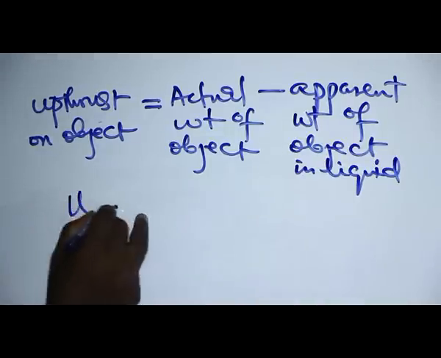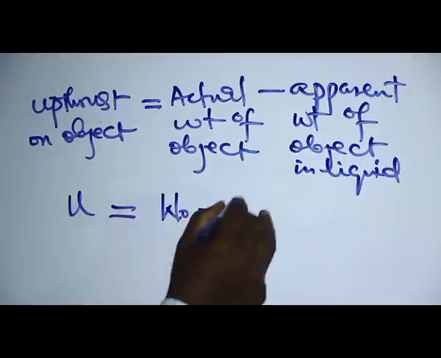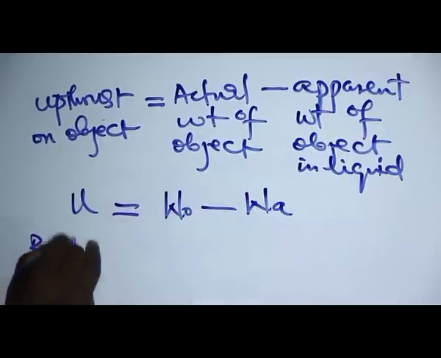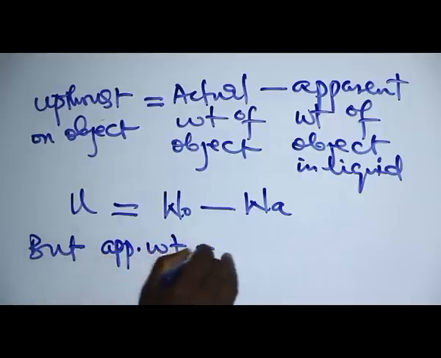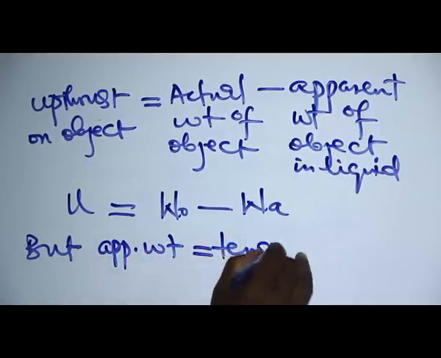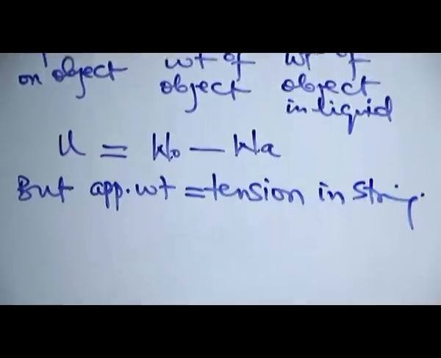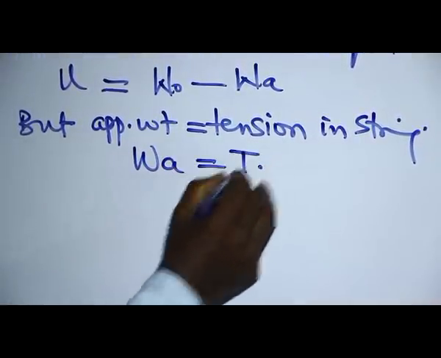So we have upthrust is equal to the weight in air minus the apparent weight. But apparent weight is equal to the tension in the string. So apparent weight is equal to the tension.